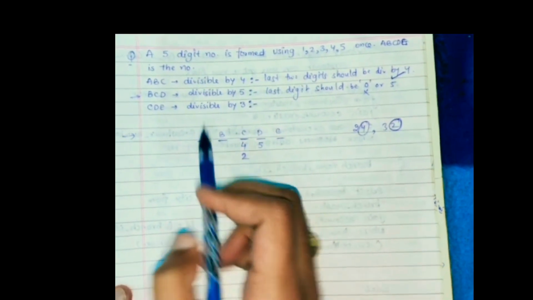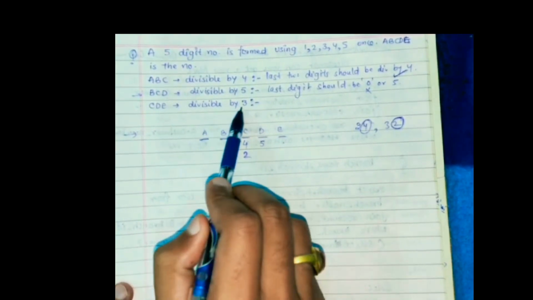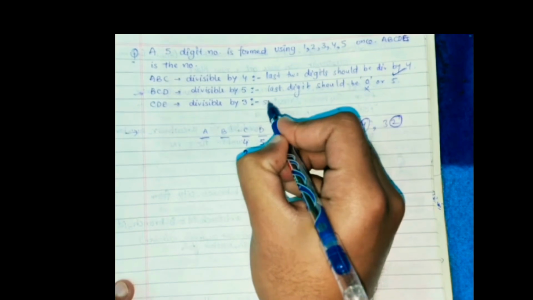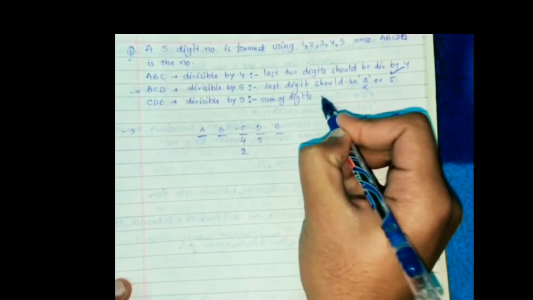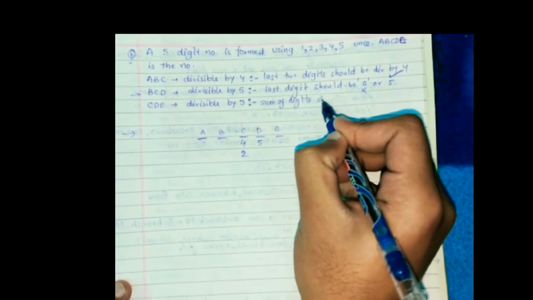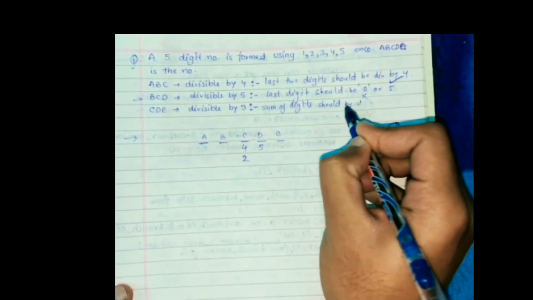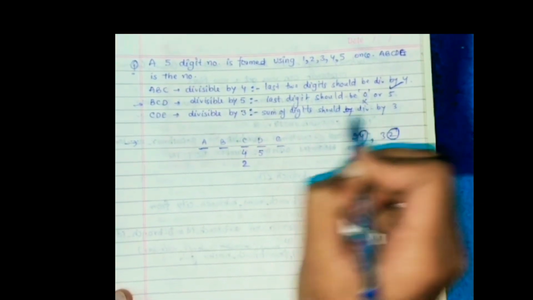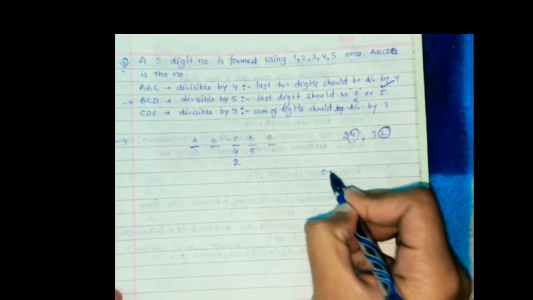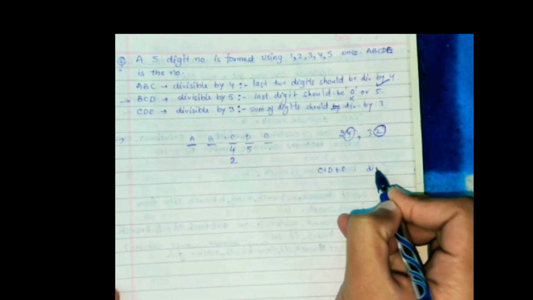Now let us move on to the next condition, that is CDE. It says it is divisible by 3, and the divisibility rule of 3 says that the sum of the digits should be divisible by 3 itself. It means that C plus D plus E should be divisible by 3.